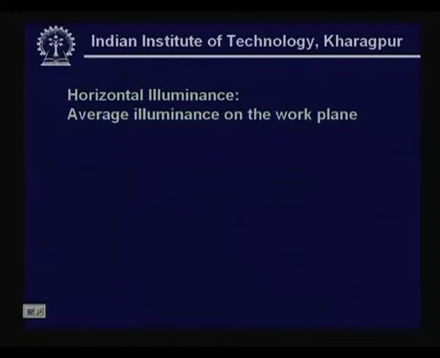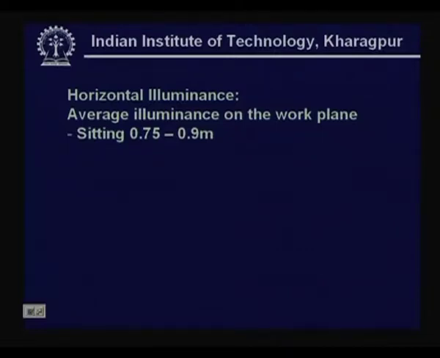So we try to have the average illuminance on the work plane. We've already seen, we talk about the uniformity ratios, we talk about the average illuminance required. So as I was telling you, you talk about the work plane.